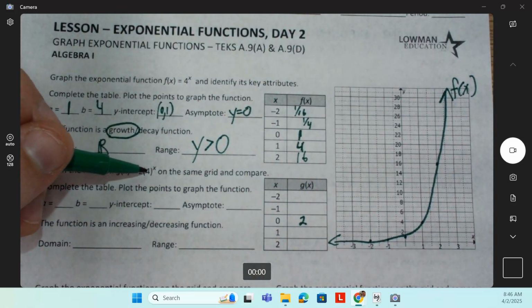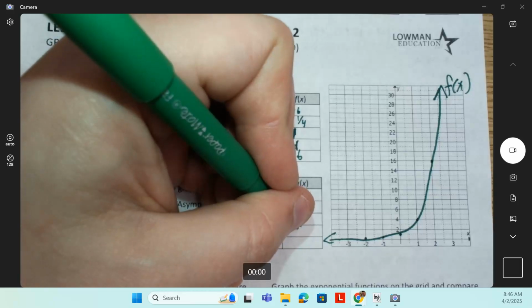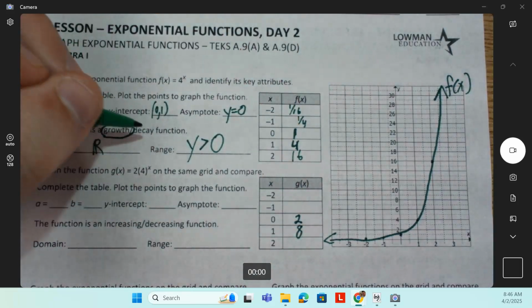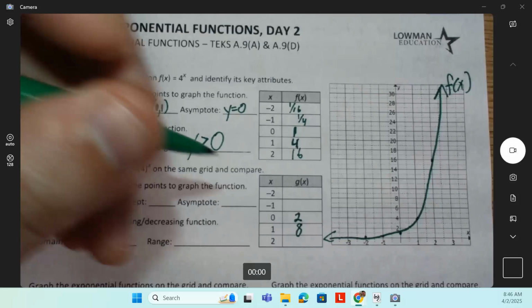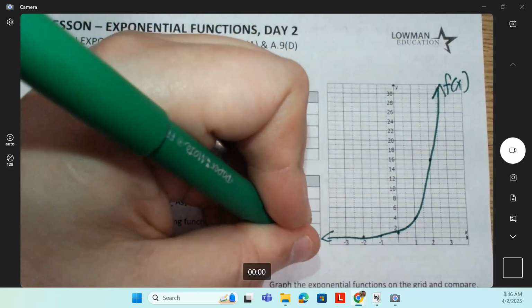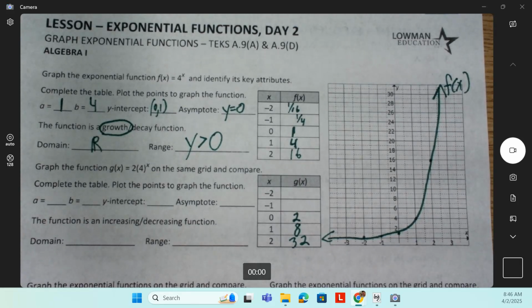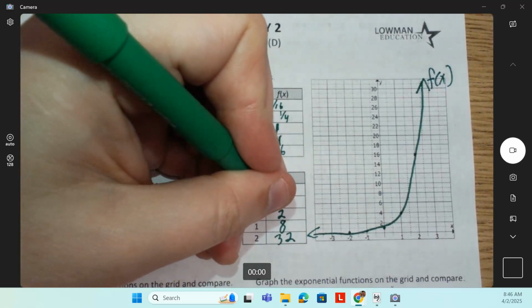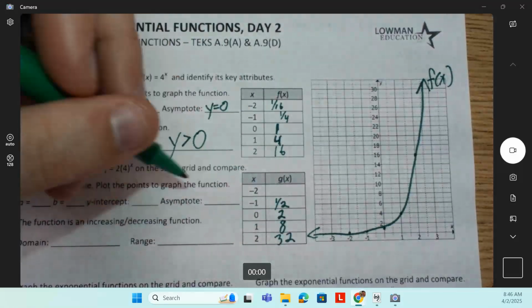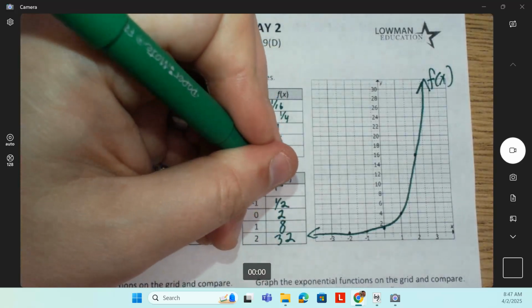If I do 4 to the first power, it's 4 times 2 is 8. And then 4 to the second power is 16 times 2 would give me 32. Then when I go down to negative 1, I said 4 to the negative 1 power was 1/4 times 2 is going to be 1/2. And then 1/16 times 2 is going to be 1/8.